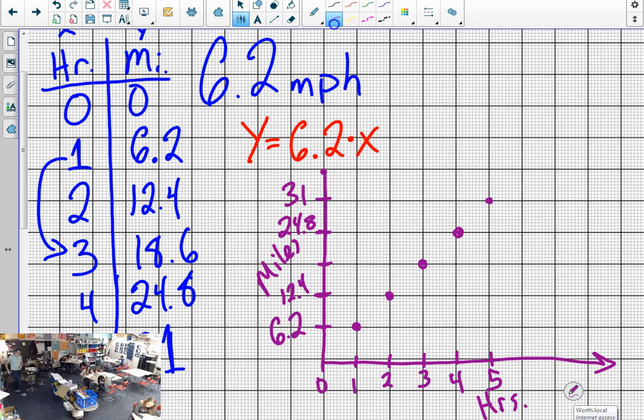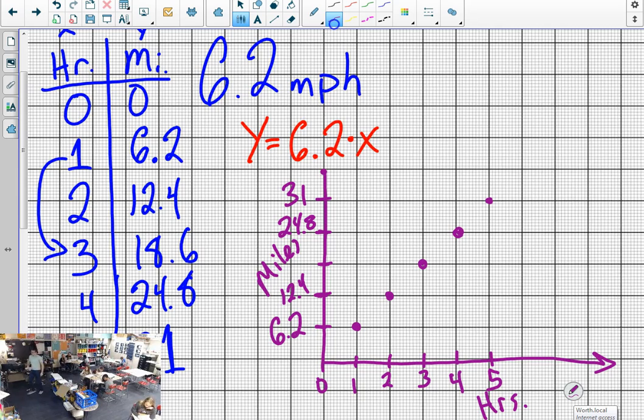Could they only run for whole hours? Because right now that's what my graph shows, with the points on there. What's the last thing I actually need to do to my graph? Say it louder. Yeah, connect the dots.